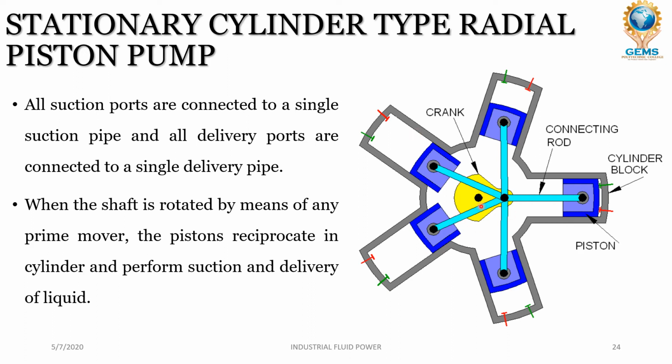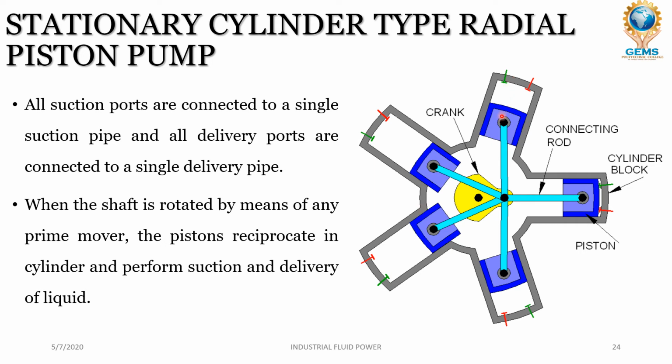When the shaft is rotated by means of a prime mover, such as a motor, the piston reciprocates in the cylinder and performs suction and delivery of liquid. At that time, all of these will activate.